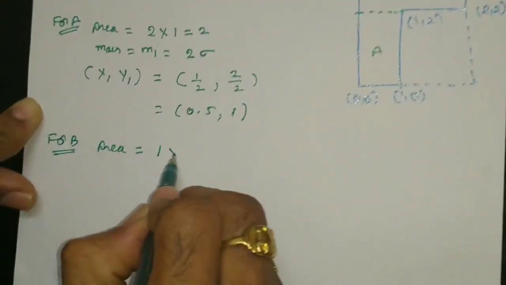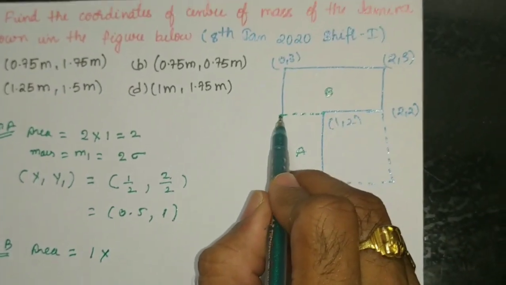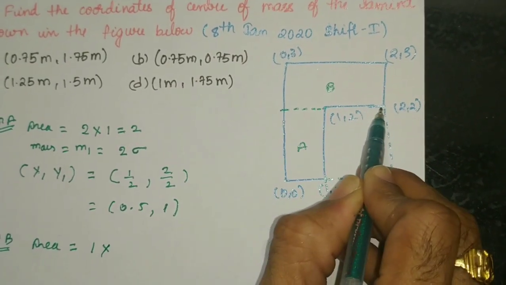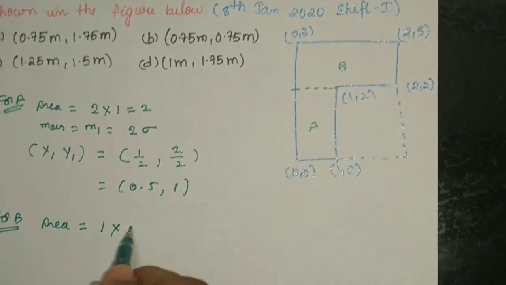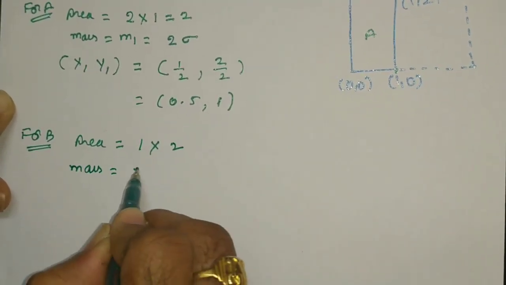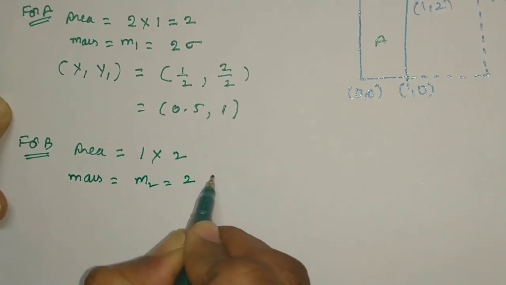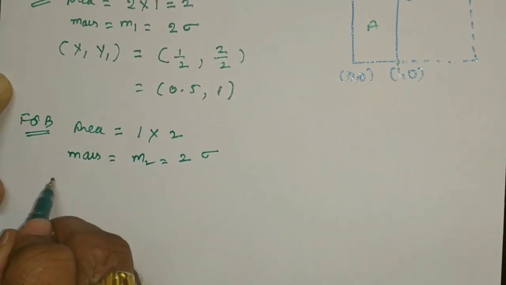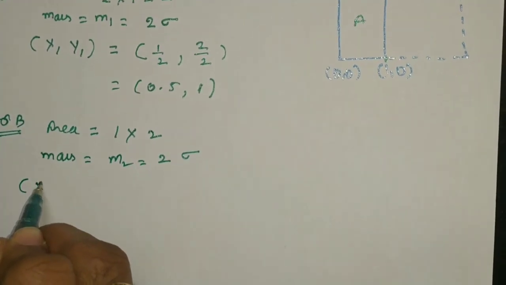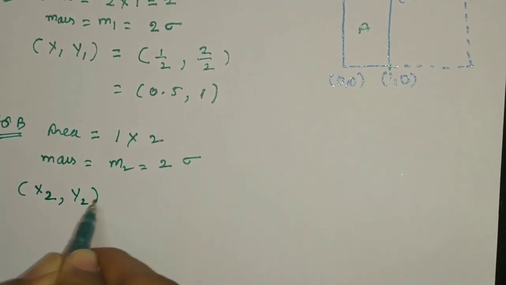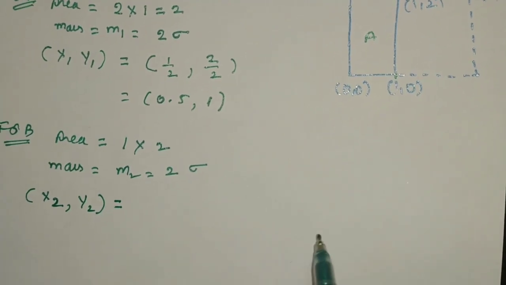And along the x axis the width of the rectangular lamina is equal to 2. Therefore, its mass is m2 is equal to 2 sigma, area into mass per unit area, and the center of mass of this second lamina is at x2, y2.